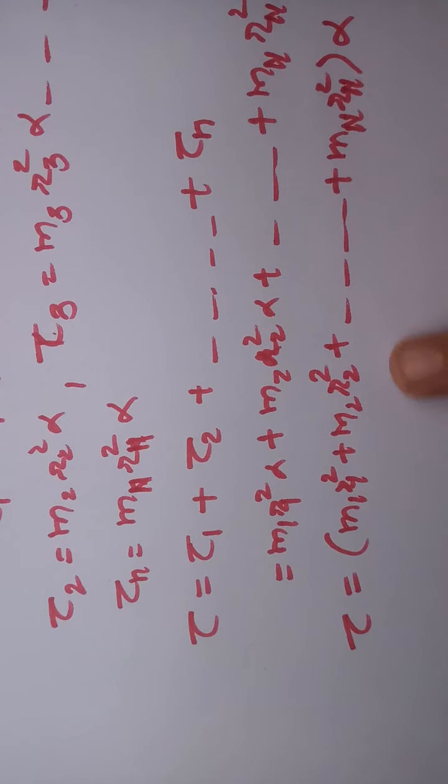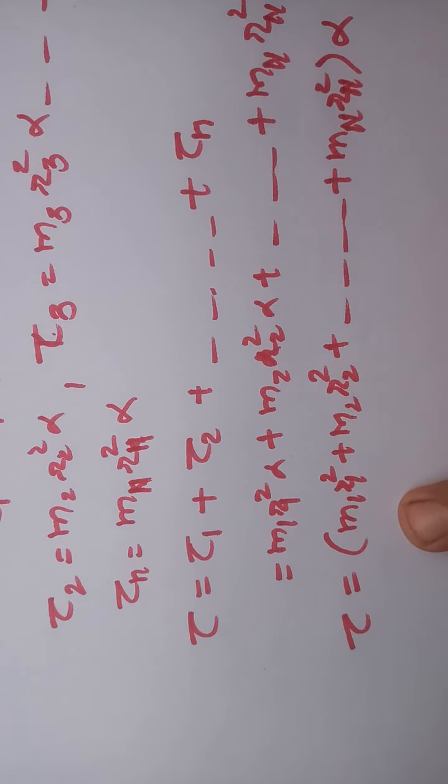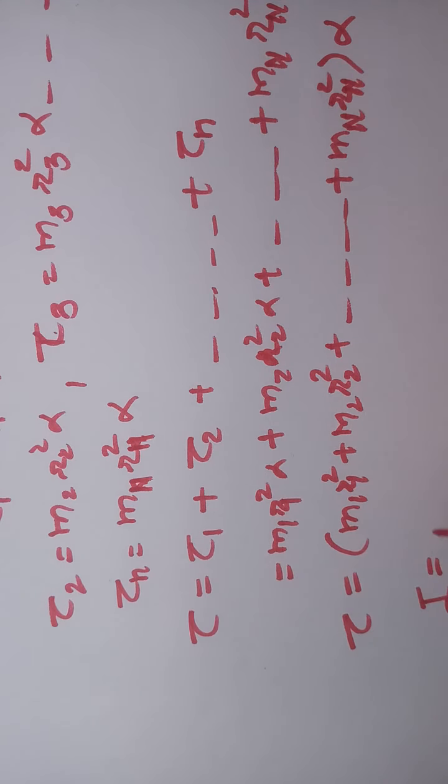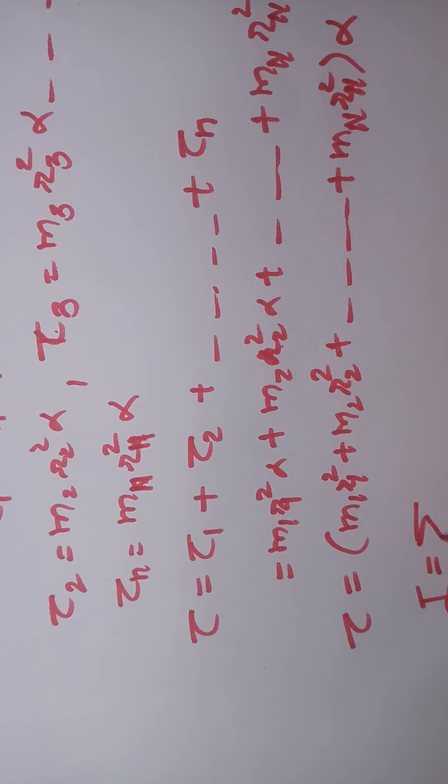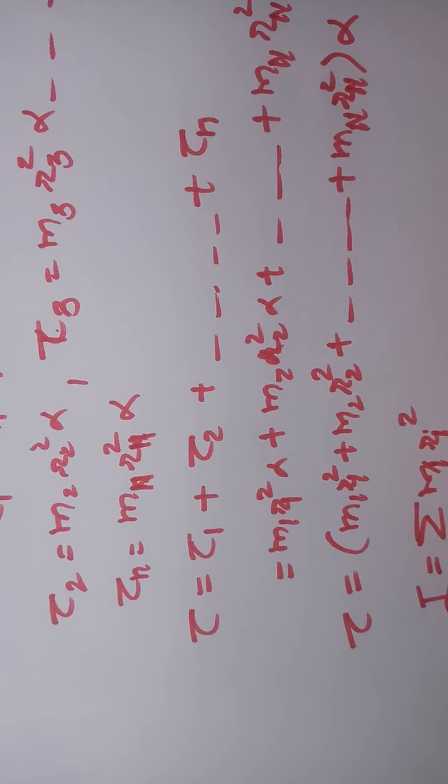Now the quantity in the bracket is the product of the mass of each particle and the square of its respective distance from the axis of rotation: m1 r1 square plus m2 r2 square plus and so on up to mn rn square. This quantity is nothing but the moment of inertia, that is I is equal to the summation of mi ri square, where i varies from 1 to n.